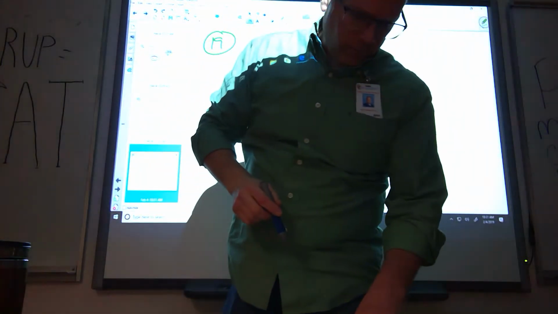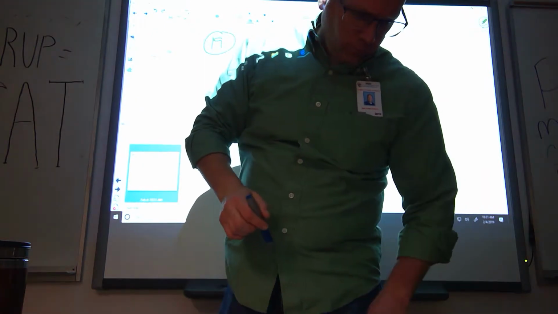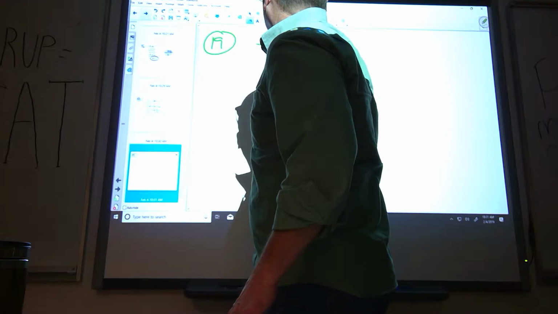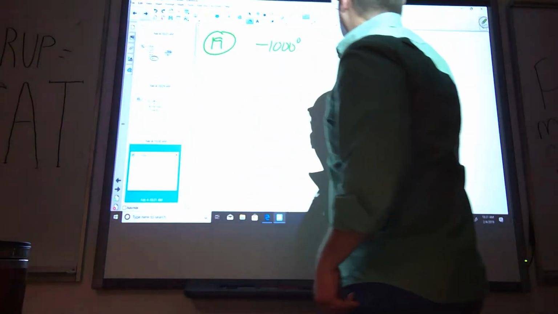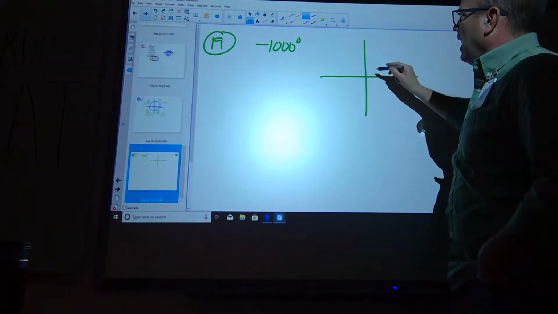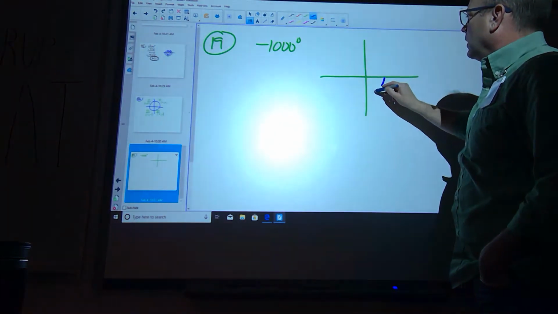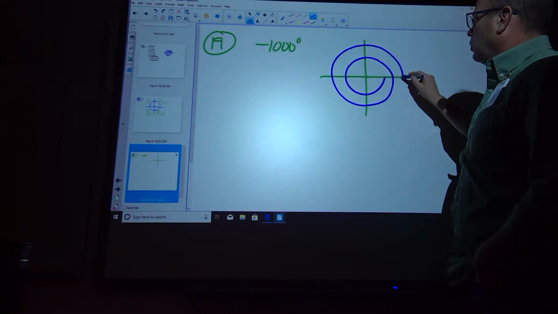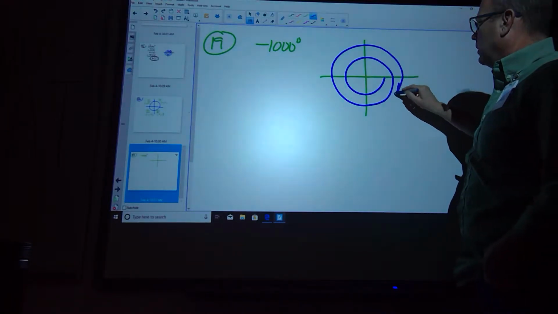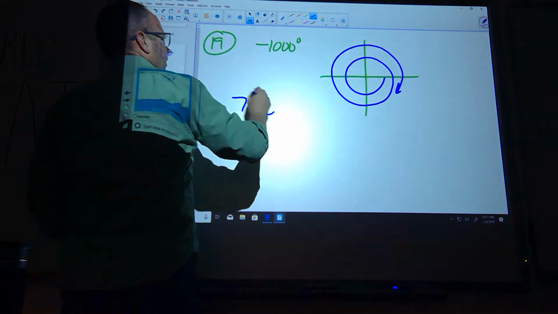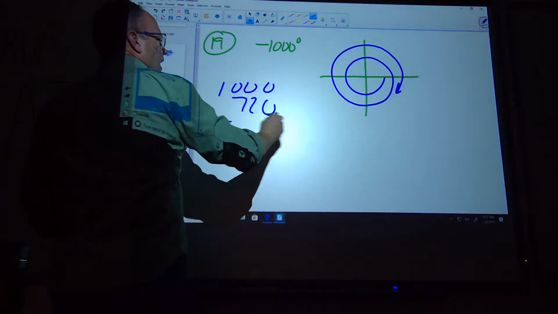Number 19. Negative 1,000. Okay? So this is an angle that's actually going this way. So there's negative 360, negative 720, and it's going to keep going a little bit more. So 720 minus 1,000, let's figure out what that is.